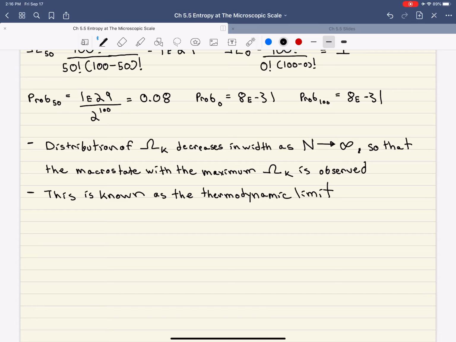Generally, to reiterate, when n goes to infinity, that's known as the thermodynamic limit, and as n approaches infinity, we only really observe the macrostate that's the maximum.